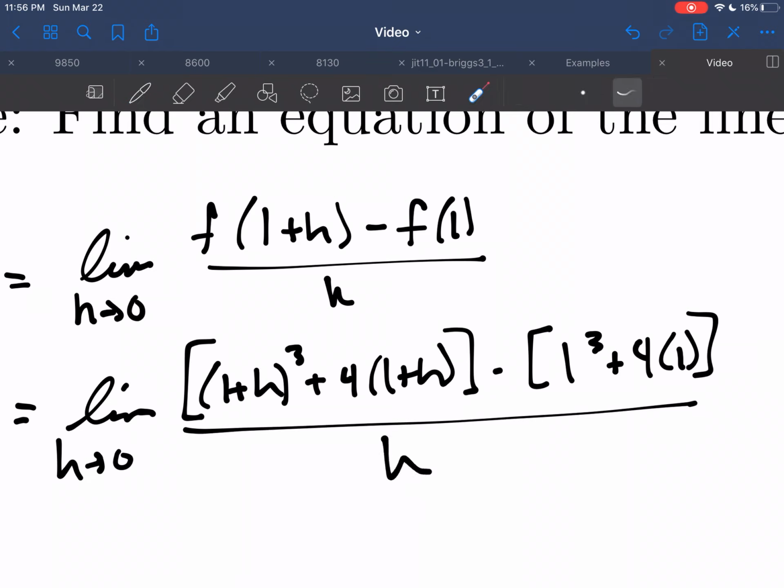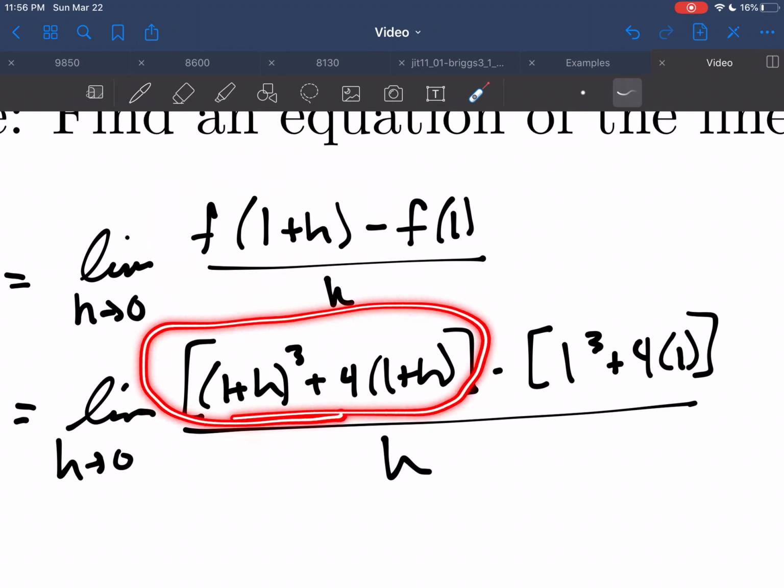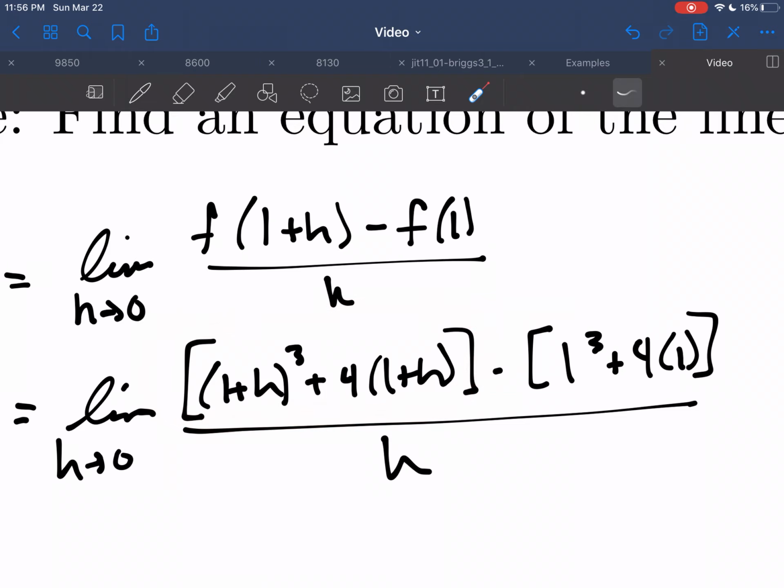So what I have here is my f of 1 plus h. I make sure I plug 1 plus h in anywhere there's an x. Okay. And then I have my original function with just a plugged into it, divided by my h.